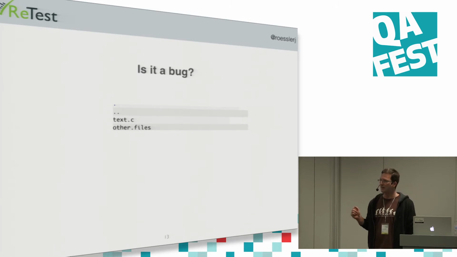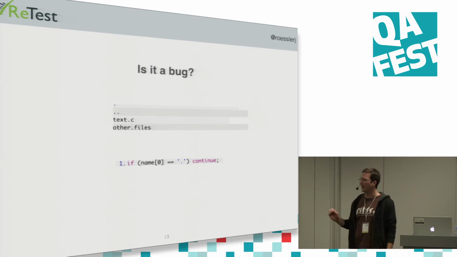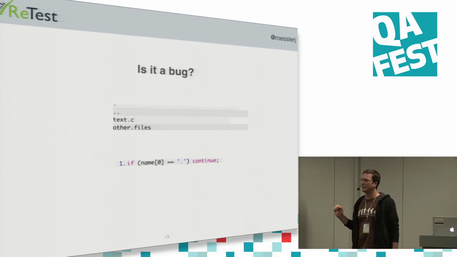Then there's the command ls, list files, and that command treated those as if they were actual physical files. So they adapted the ls command and put in a single line: if the first character is a dot, ignore the file, like in a loop, continue with the other files.